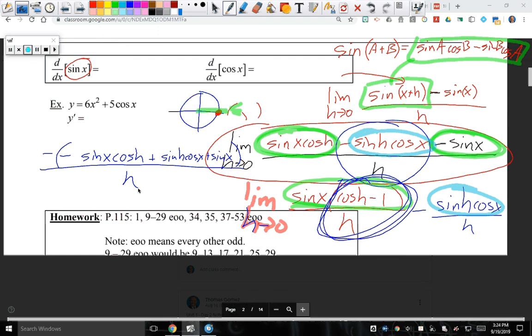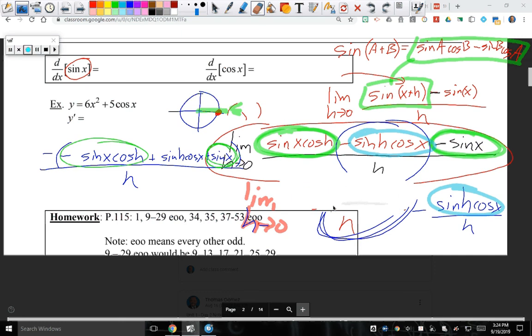Do you agree that if I redistributed all that out, I would get the same thing over here? So from here is where we would GCF out those pieces. Now watch, where you would have 1 minus cosine of h. So this would actually change to the 1 minus cosine of h all over h. So it would look like this: 1 minus cosine of h. The sine of x is here, and it's all over h.